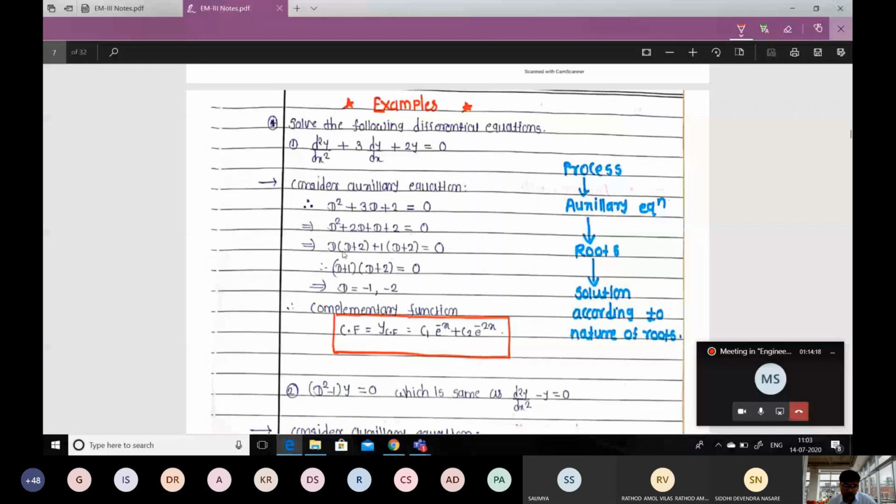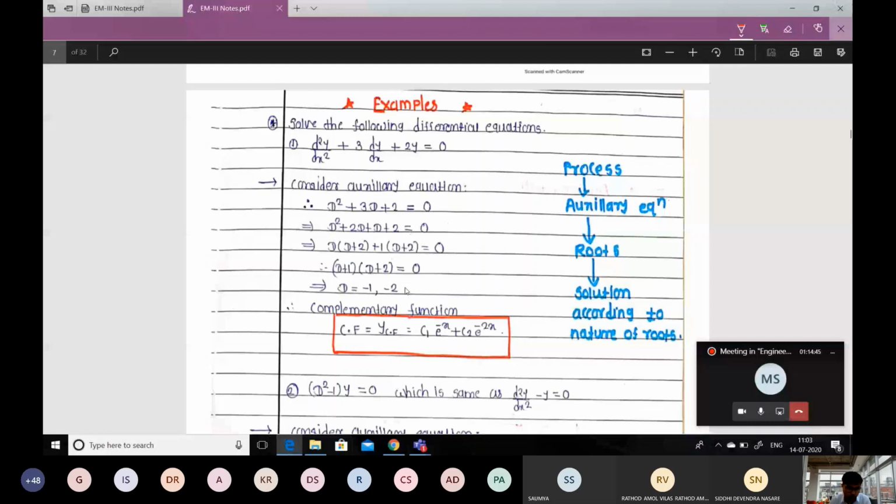From the first 2 terms we can take D common, so we are left with D times D plus 1, and from the last 2 terms we can take 2 common, so inside the bracket we have D plus 1. Now again we can take D plus 1 common, so we get D plus 2 times D plus 1 equal to 0, and therefore we obtain the roots D equal to, corresponding to this, minus 1 and corresponding to this minus 2. So we get roots real and they are all distinct.